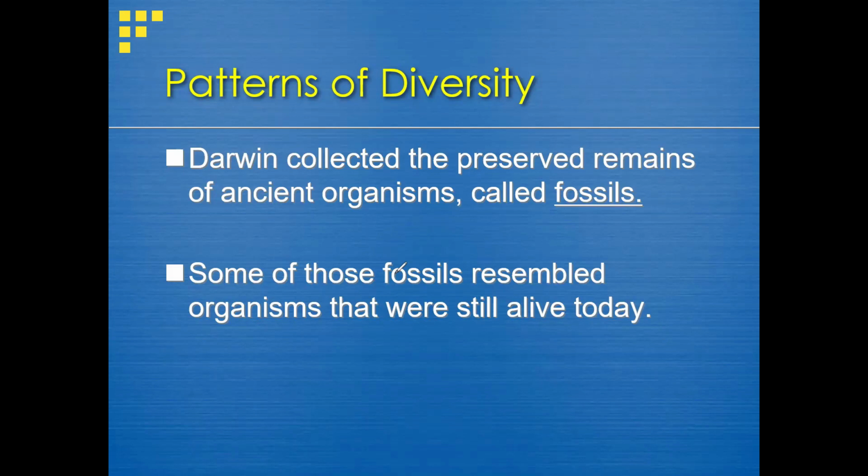That is what we call fossils. It can be bones, like for example, if a particular living organism dies and is decayed, anything that is left from that organism after the death and decay is what we call fossils. Some of those fossils resemble organisms that are still alive today.